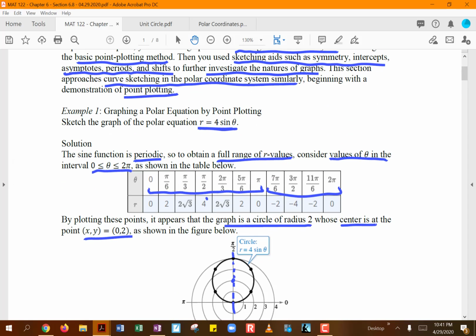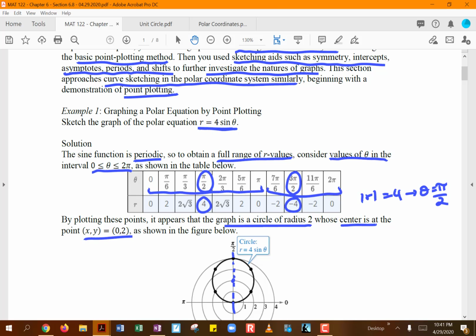So you can see we had the maximum value for r at positive 4 or negative 4, because we are talking about the absolute value of r being 4, and that happens at the angles of 3 pi halves and pi halves. If you only want to look at it from 0 to pi, then this will happen at theta of pi halves.